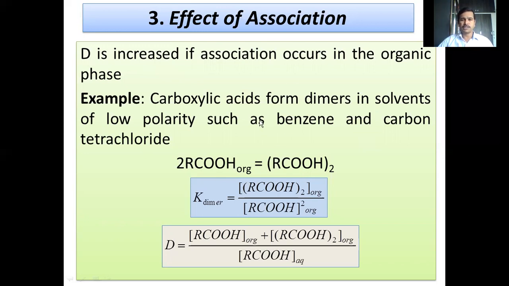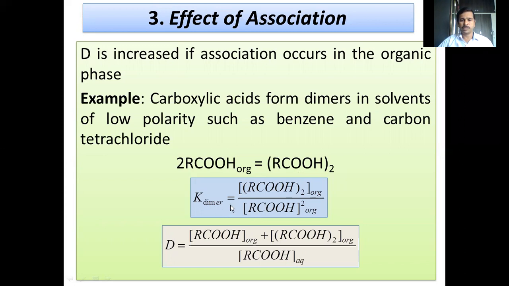So, simply consider, in order to understand this in the best way, once the carboxylic acid is extracted into the organic solvent, assume two molecules associated together to form a dimer, denoted by (RCOOH)2. The equilibrium constant for this is the dimerization constant according to the law of mass action.